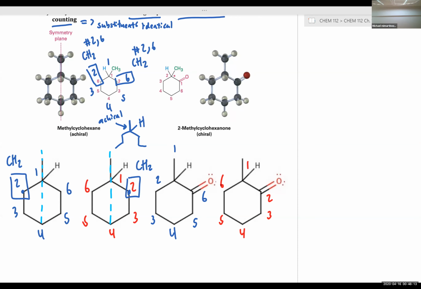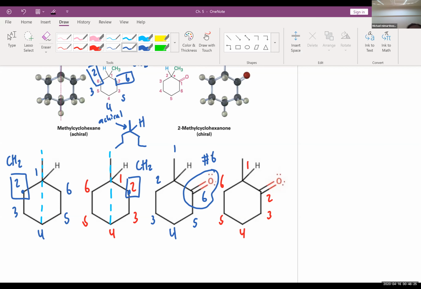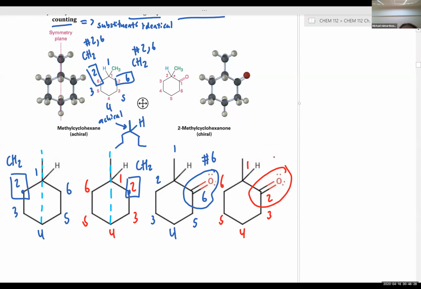No, that's exactly right. And we can show that using our counting method by looking at the number for our ketone. Here the ketone has the number 6. In our clockwise counting method, the ketone is given number 2.